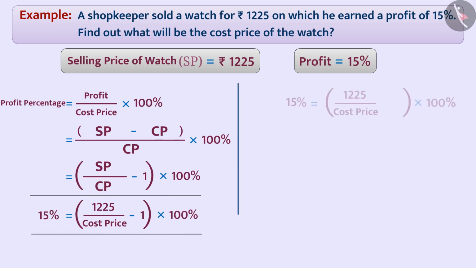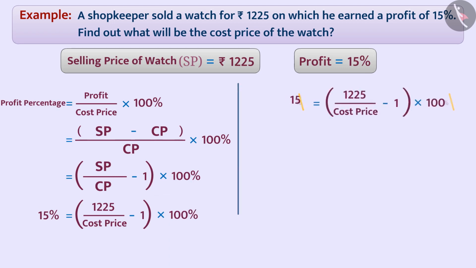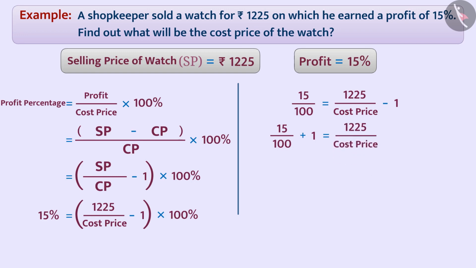We will solve it this way. That is, 15 divided by 100 is equal to 1225 divided by cost price minus 1. That is, 15 divided by 100 plus 1 is equal to 1225 divided by cost price. That is, 115 divided by 100 is equal to 1225 divided by cost price.